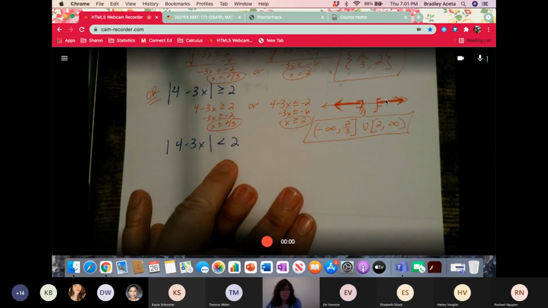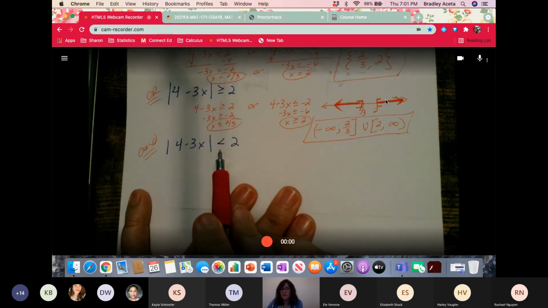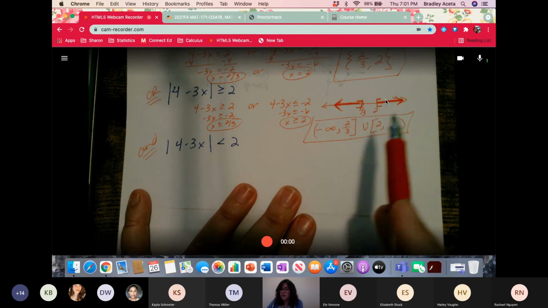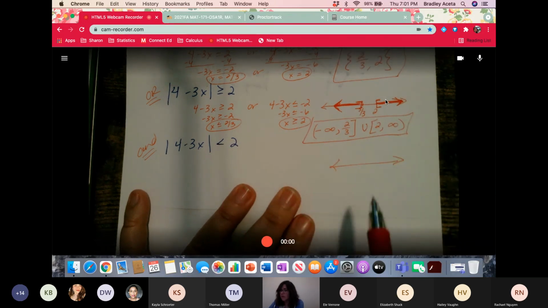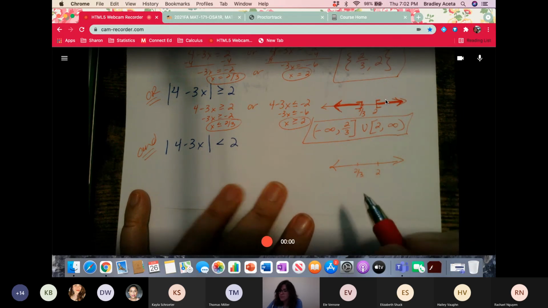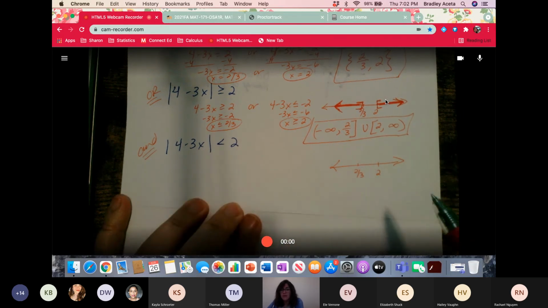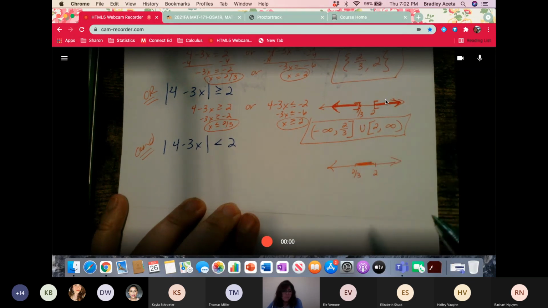So then this one, again, this should be an AND graph because it's less than. So where do you think it's going to fall on a number line? We could solve it again and do exactly what we did, but we know our boundary points are going to be 2/3 and 2. If it's less than, it should be an and graph. The answer should be in the middle.